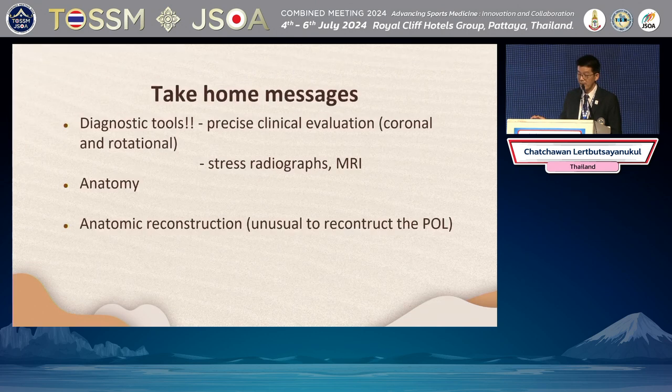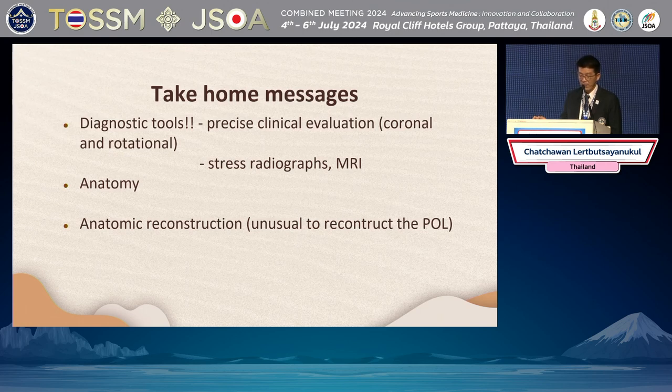For the take-home messages, the diagnostic tools are very important. We have to evaluate both coronal and rotational instability. The stress radiograph and MRI are helpful for this evaluation. Understanding the anatomy of the medial side of the knee is mandatory for performing anatomic reconstruction.